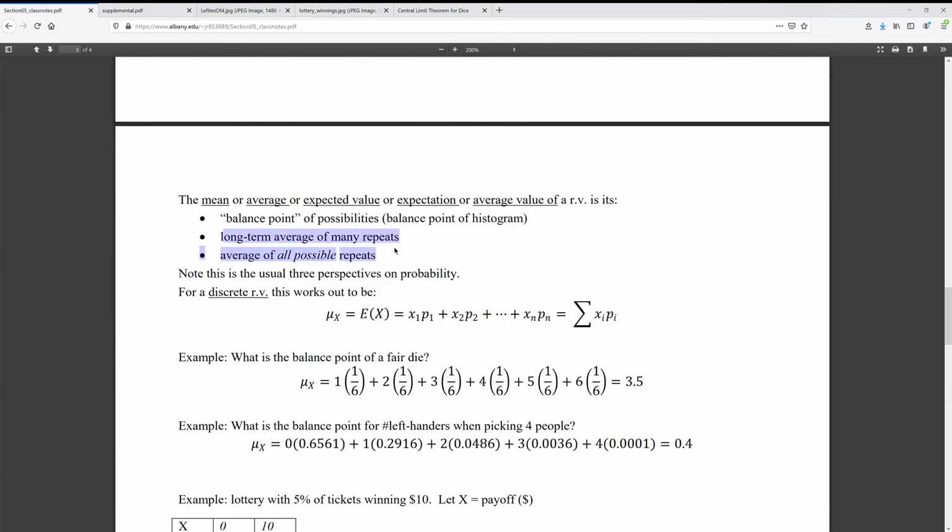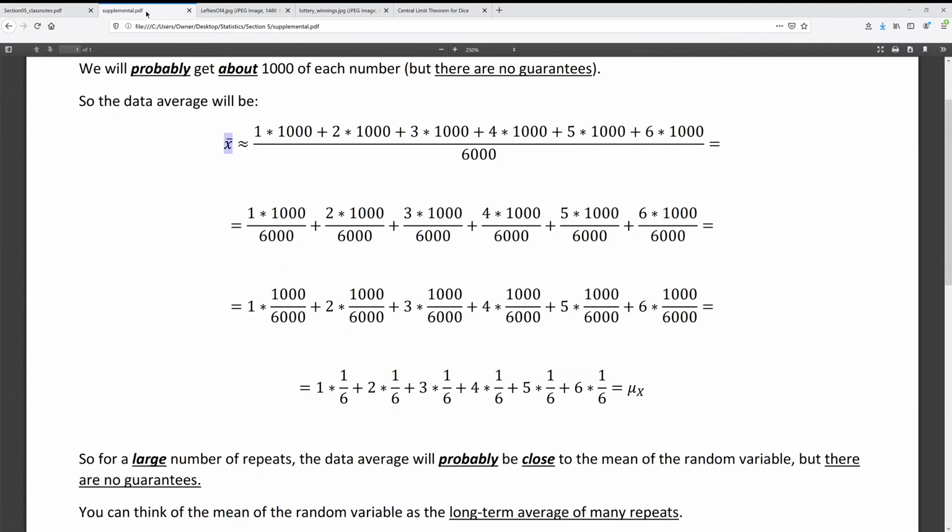So all I've justified is 0.2. If you average together a lot of repeats of the random variable, then you will probably get something close to mu of x. But again, there are no guarantees. No one can tell you what large or probably or close is. It just becomes less and less likely it doesn't happen the further out you go.